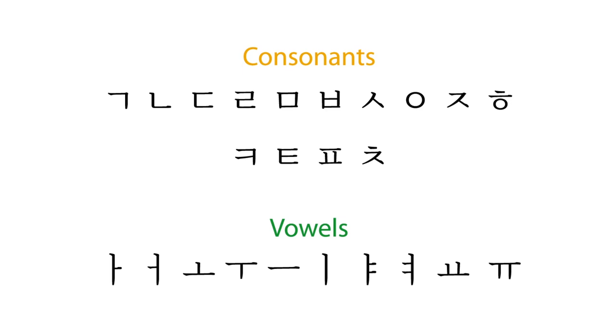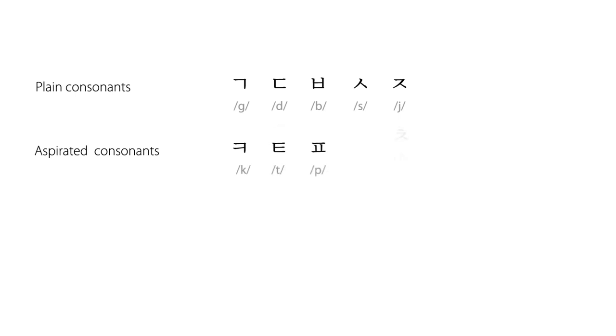The consonants are divided into 3 simple groups. Plain consonants. Aspirated consonants, meaning they are pronounced with an exhalation of breath. Tense consonants.